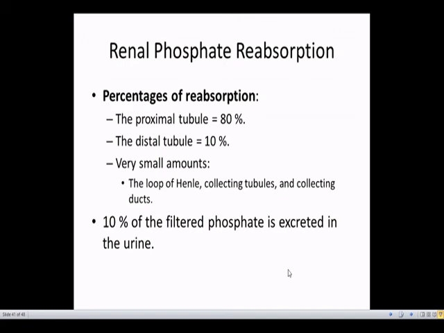Percentages of reabsorption: the proximal tubule equals 80%, the distal tubule about 10%, and very small amounts of phosphate are reabsorbed in the loop of Henle, collecting tubules, and collecting ducts. 10% of the filtered phosphate is excreted in the urine.